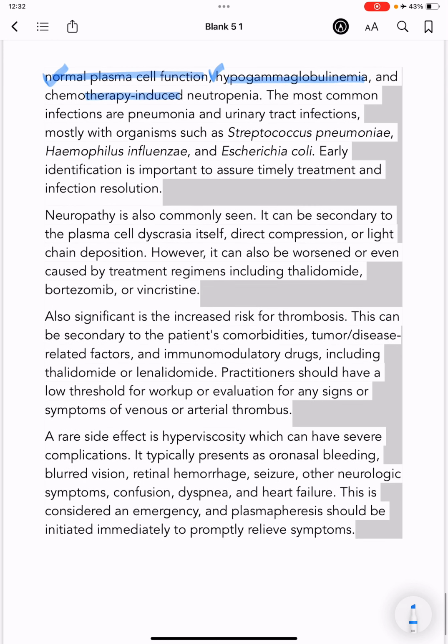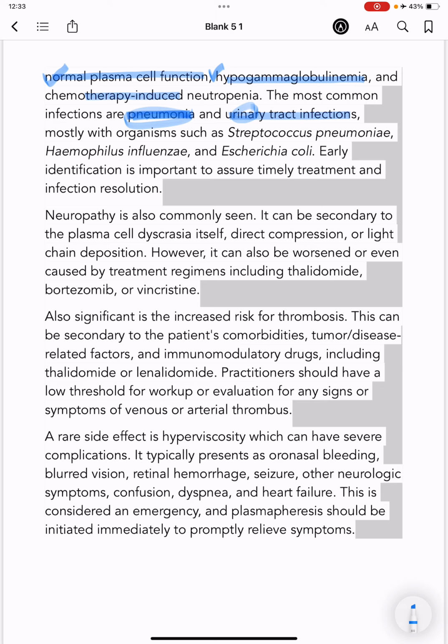So what are the most common infections in multiple myeloma? Most commonly pneumonia and urinary tract infections.